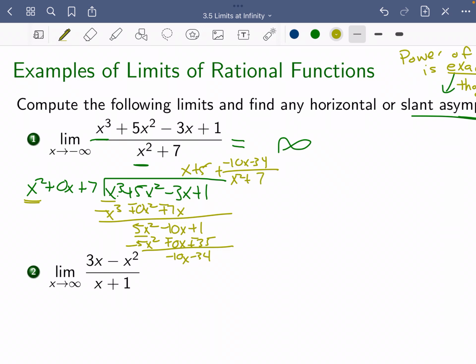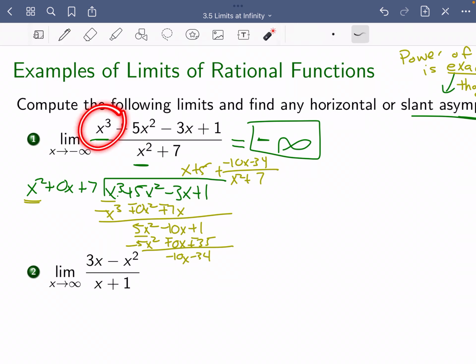Right, so we have this. So as x heads towards negative infinity, then x plus 5 will head towards negative infinity, and this term is going to head towards 0, and so we should get negative infinity as our output.